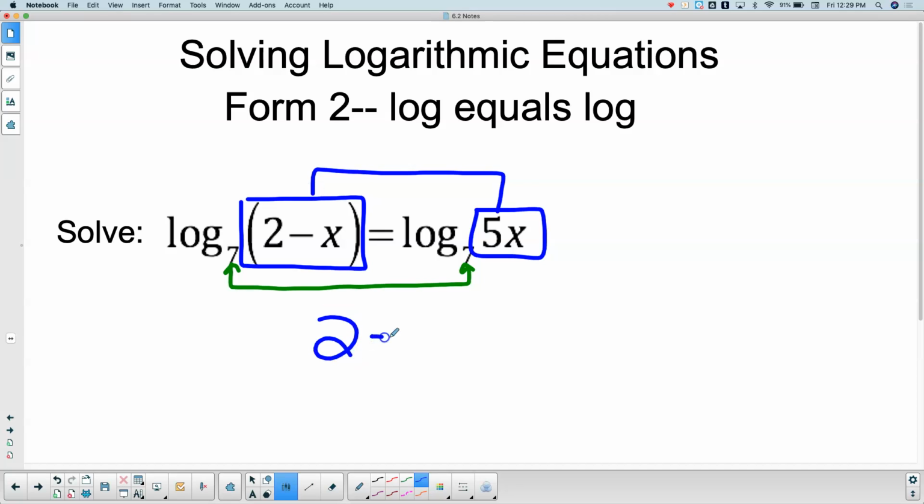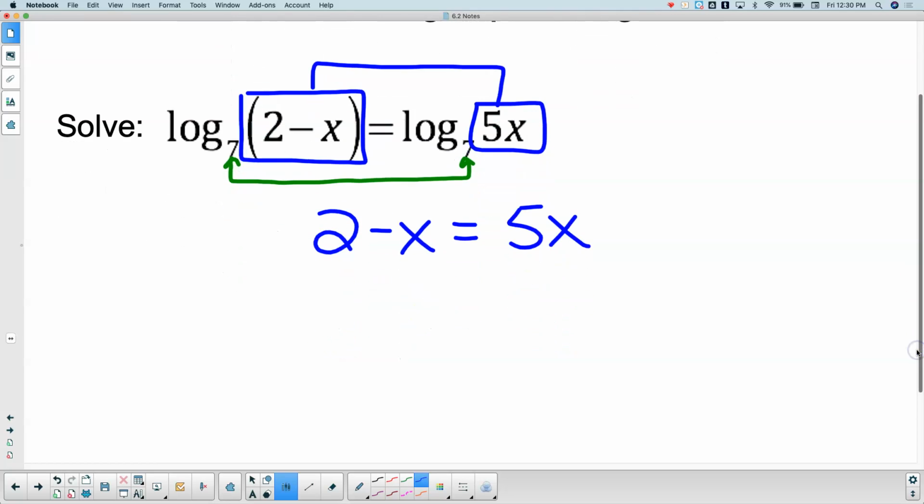So these two parts have to be equal. So you just say 2 minus x has to equal 5x. Add x to both sides. Divide by 6.